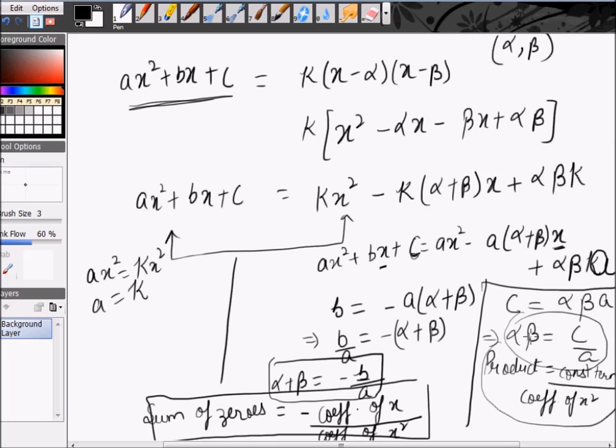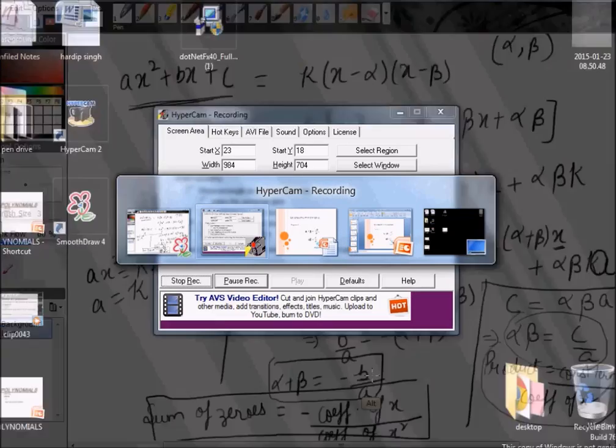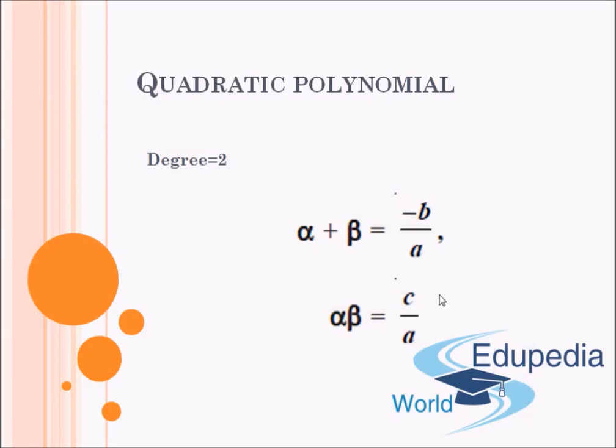Therefore product of zeros equals constant term over coefficient of x square in case of a quadratic polynomial, whereas sum equals negative of coefficient of x over coefficient of x square, or simply minus b over a. See, this is the result derived by us.